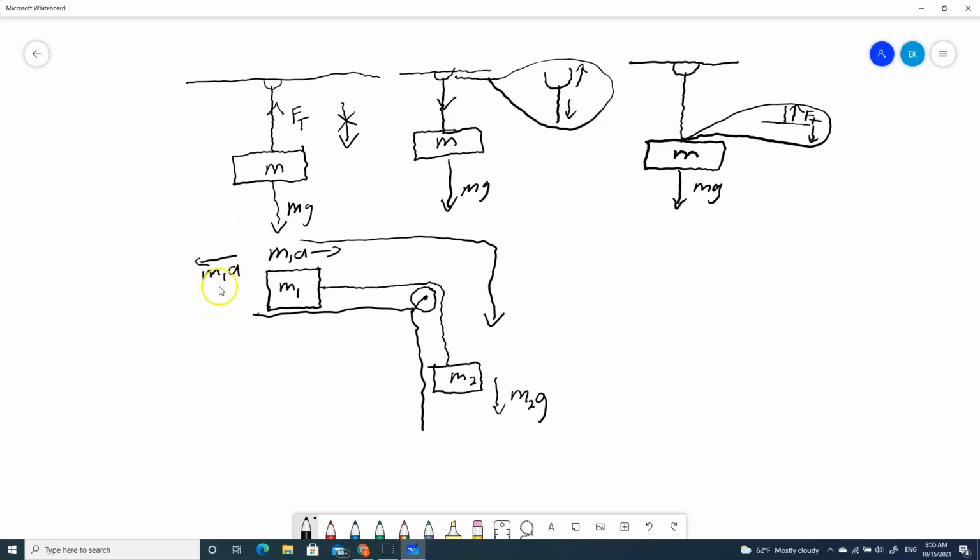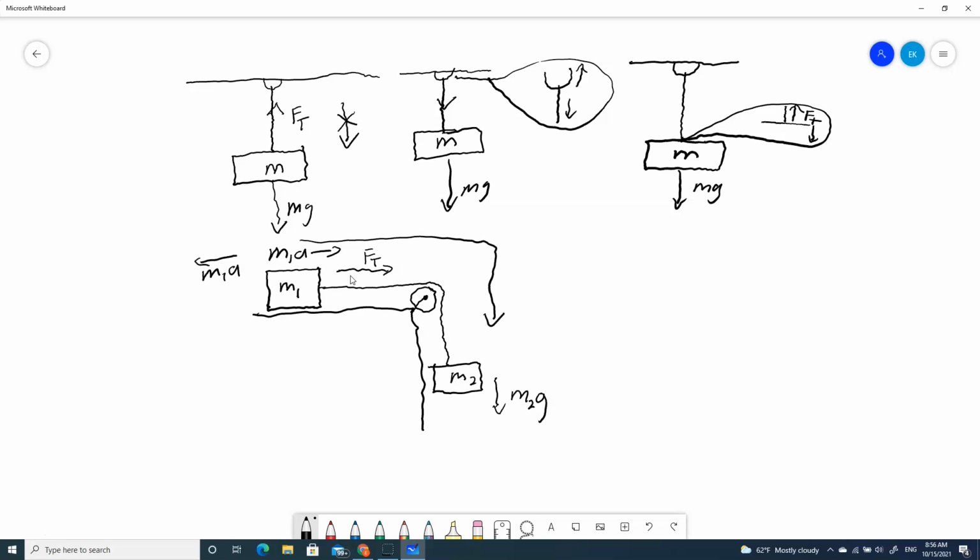That's the inertial tendency of the object not to accelerate. And the rope therefore has to exert a force of m1a on it for m1 to move forward. So m1a will be tension in this case. So Ft points this way. The force of tension that the rope has to exert to move m1 points that way.